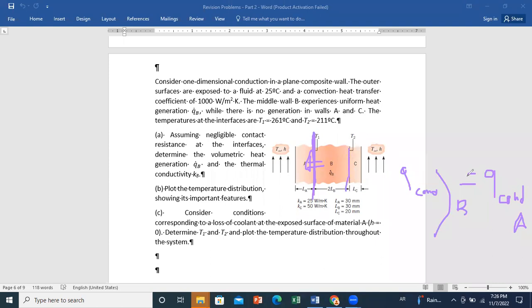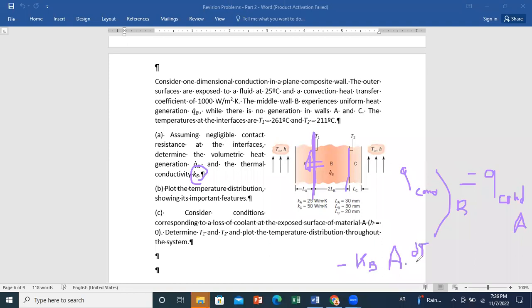So if you apply it at the interface with A or at the interface with C, you can calculate the conductivity Kb. Why? Because you can write that Q conduction is minus Kb times A times dT by dx.